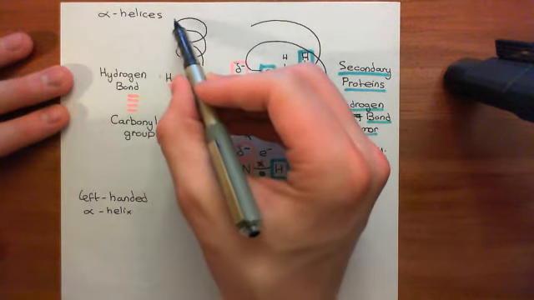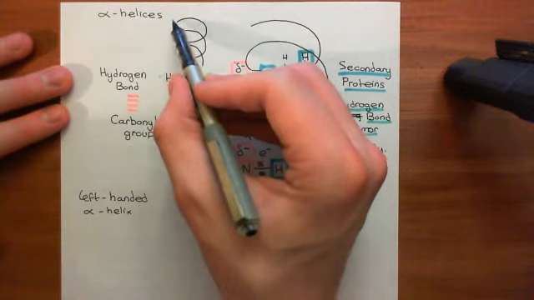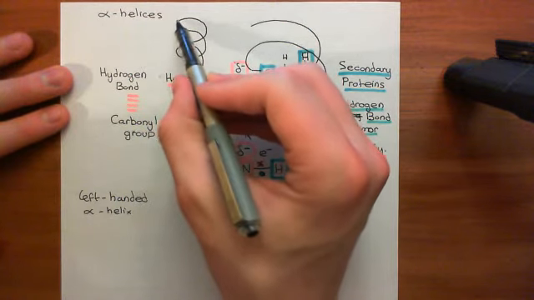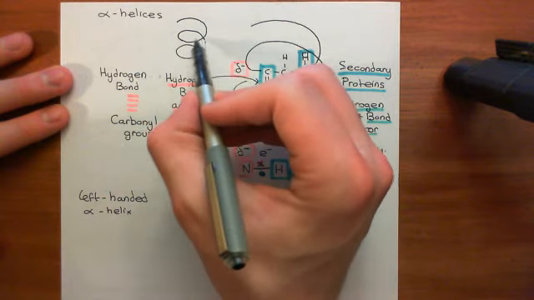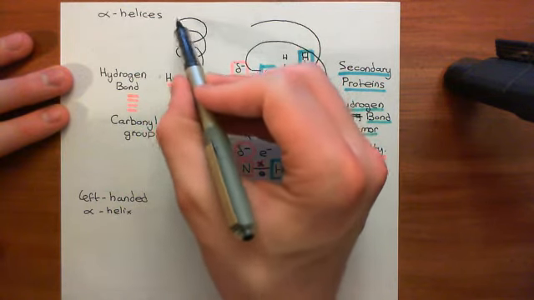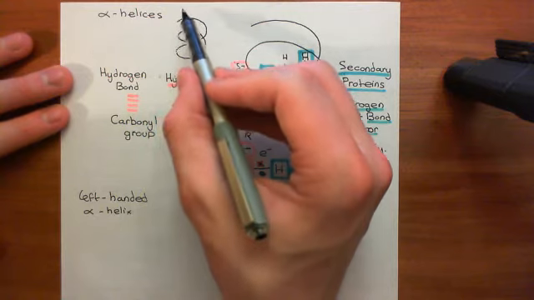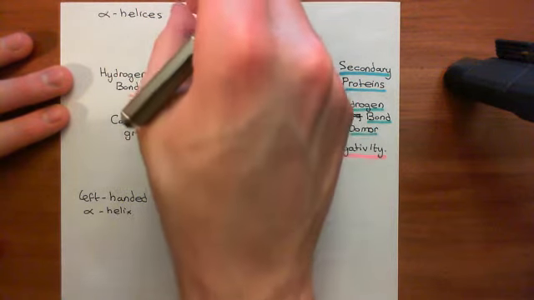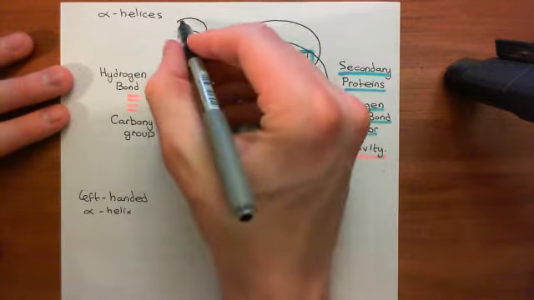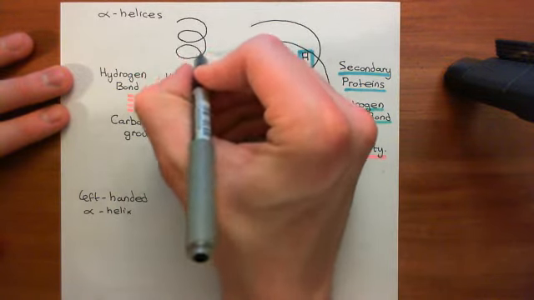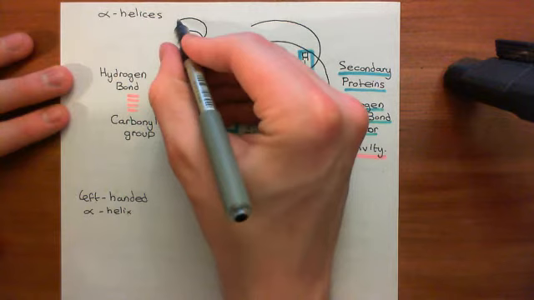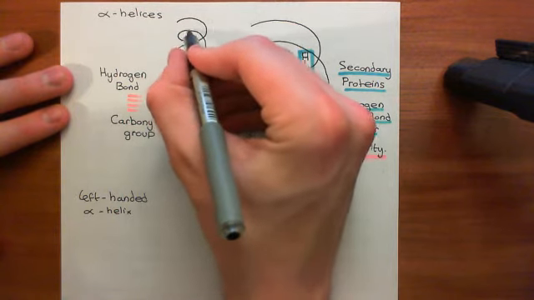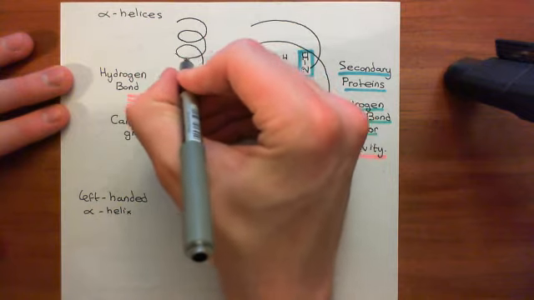It doesn't matter whether this is the amino terminus or the carboxy terminus. Just call one side the top and one side the bottom. If you work from the top to the bottom, and obviously you put the top in the normal position that a top would be in, if you work from the top of your alpha helix to the bottom, which direction do you go round in as you loop? You go round in a clockwise direction.